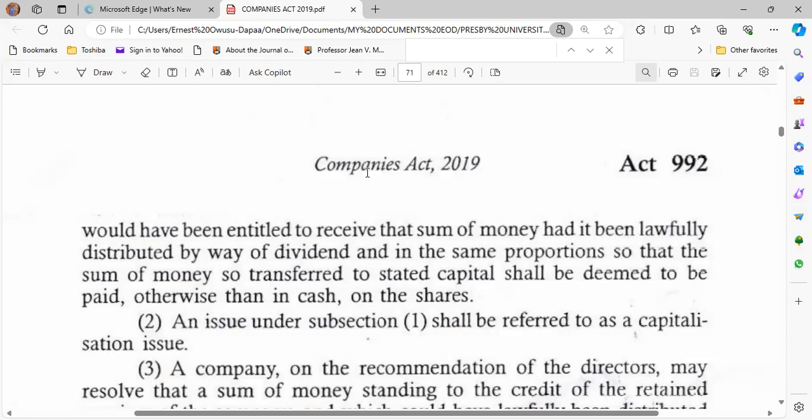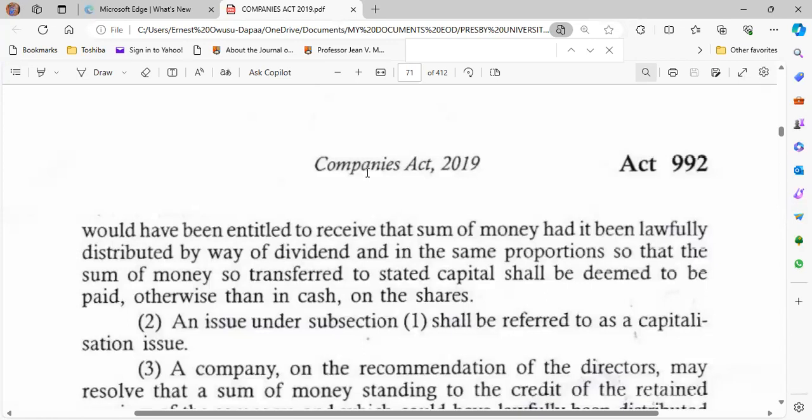And in exchange for that, we are going to give every shareholder the number of shares equivalent to the amount of dividend which would have been paid to you if the company had actually decided to share the profit as dividend. So that is what we mean by the capitalization issue.